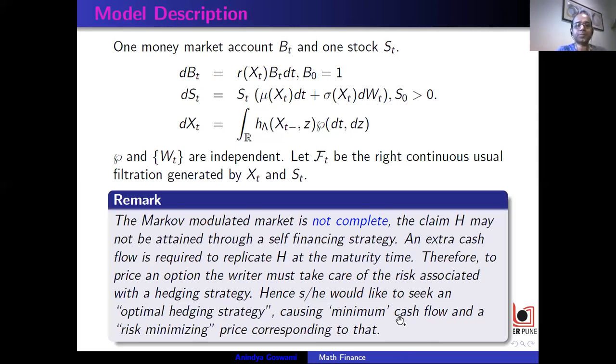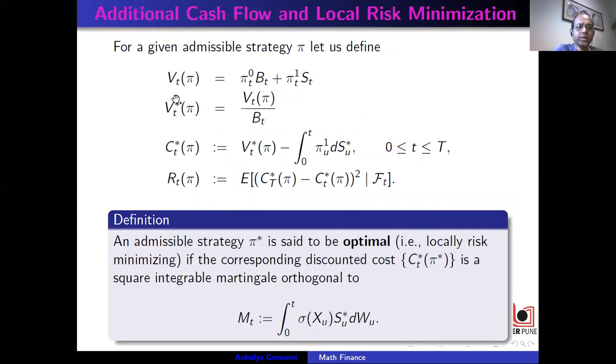Okay, so here, as before, we write V star is equal to V by B, and V_t is equal to pi 0 B plus pi 1 S, as before. And then this difference: earlier you remember V star was V0 plus this integration, so V star minus this integration was just V0. That was constant, not depending on t.